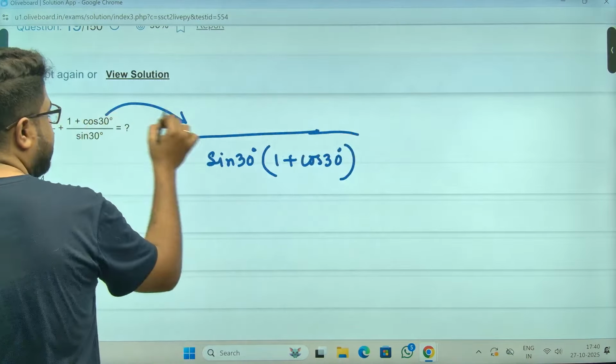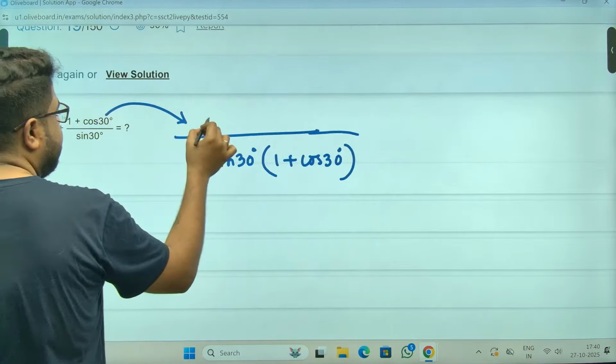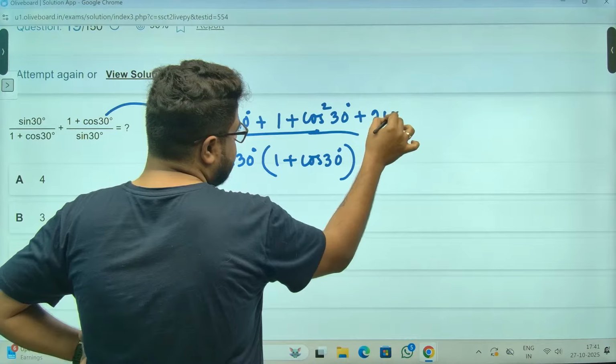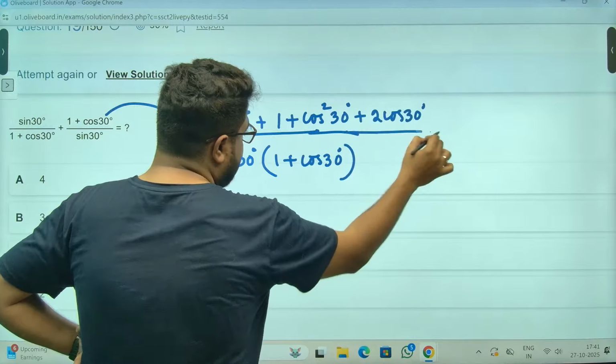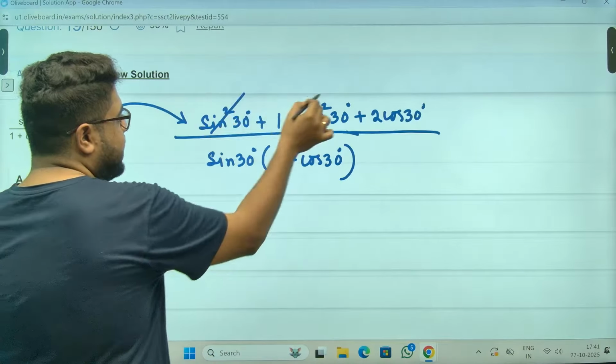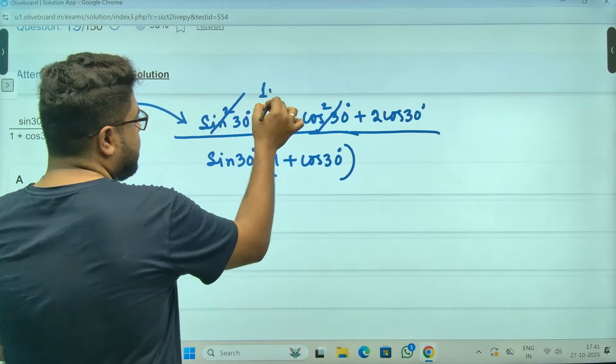And over there, it will be sin square 30 plus 1 plus cos 30, the whole square. So 1 plus cos square 30 plus 2 cos 30, sir. Now I'll put values. Sin square plus cos square gives you 1. So 1 plus 1 is 2, sir.